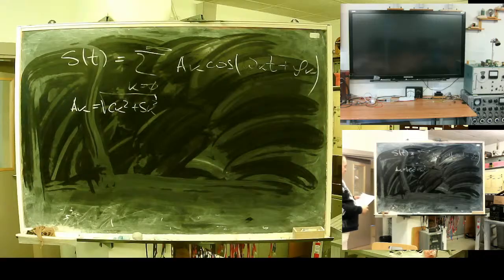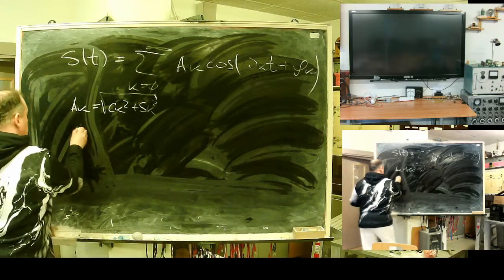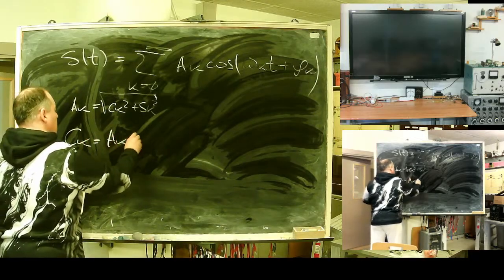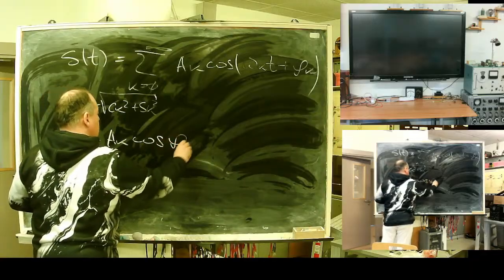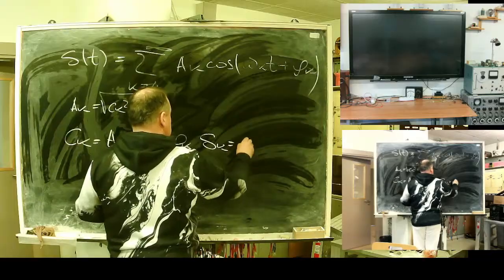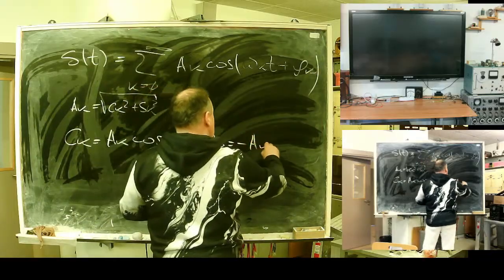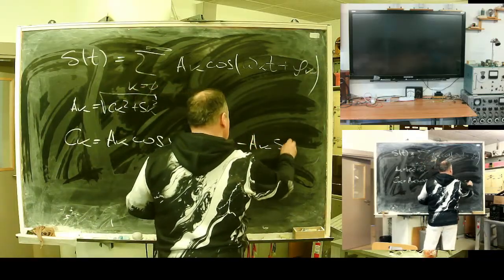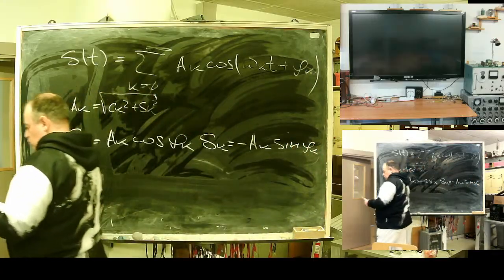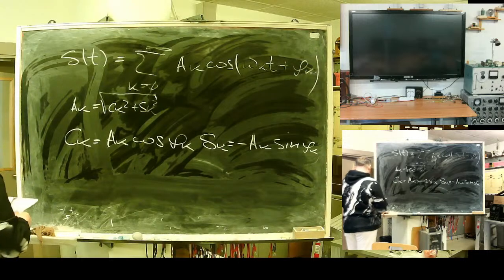In inverse, ck is ak cosine of phi k, and sk is minus ak sine phi k. Okay, I wrote it. It's easy.